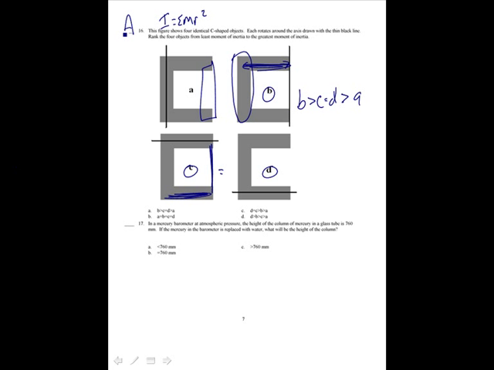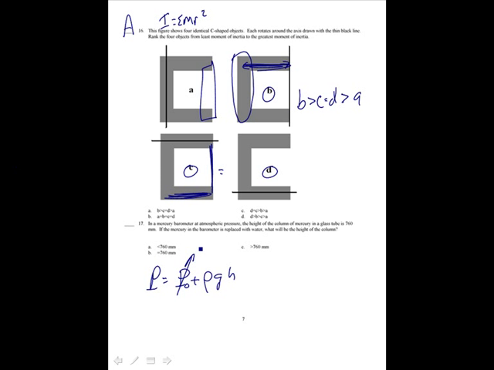In a mercury barometer at atmospheric pressure, the height of the column of mercury in a glass tube is 760 millimeters. If the mercury in the barometer is replaced with water, what will be the height of the column? In your barometer, P is equal to P naught plus rho GH.